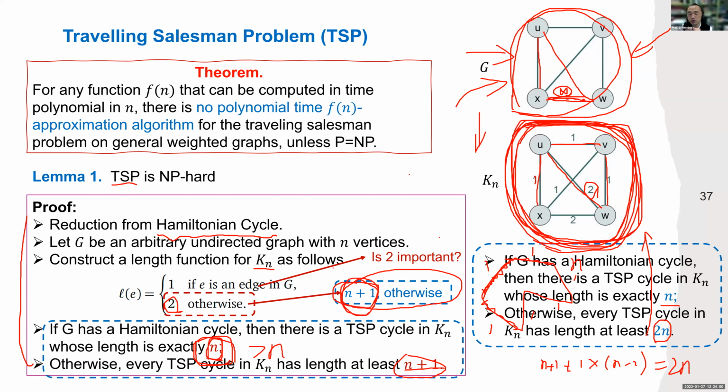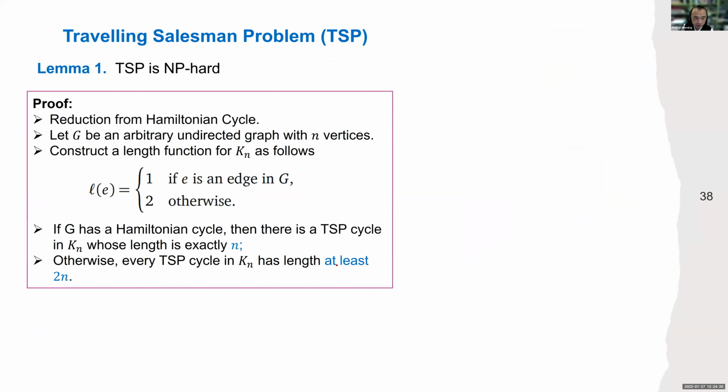If you don't have a Hamiltonian cycle solution, then your TSP solution is at least 2n. That means if you can do approximation better than 2, then basically you already solved the Hamiltonian cycle problem. So we replace this by n+1.